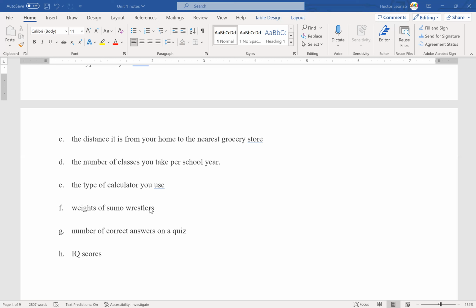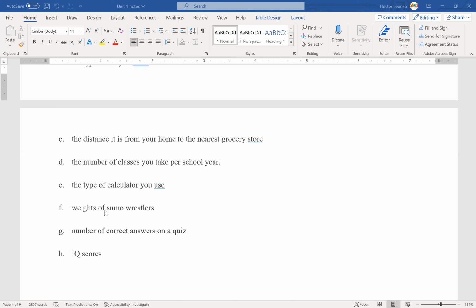The weight of a sumo wrestler. Okay, so when I measure the weight, it usually comes in as a number. So that'll be quantitative. Now my question is quantitative discrete or quantitative continuous? Quantitative discrete is my answer can only be whole numbers. Quantitative continuous, my answer can be a decimal.